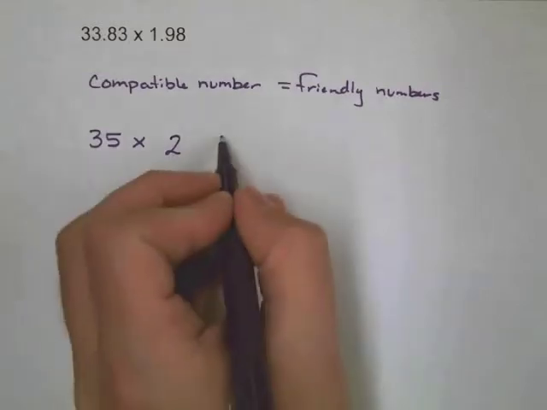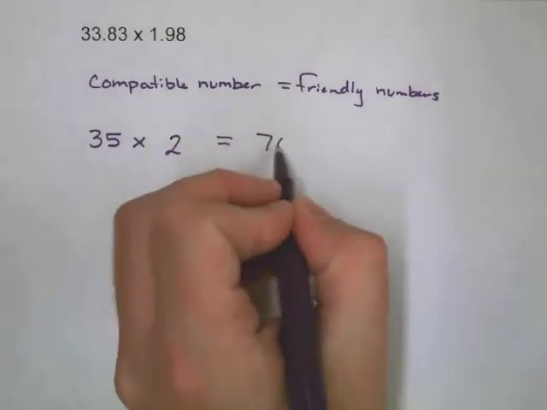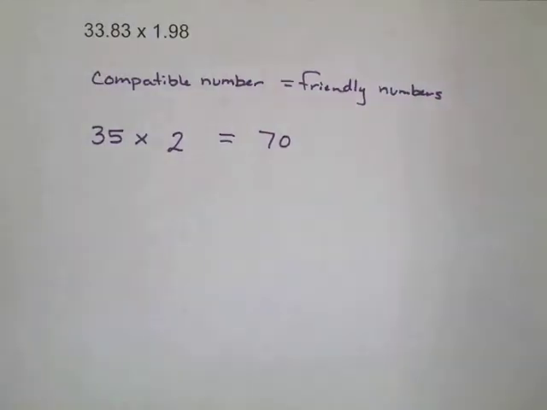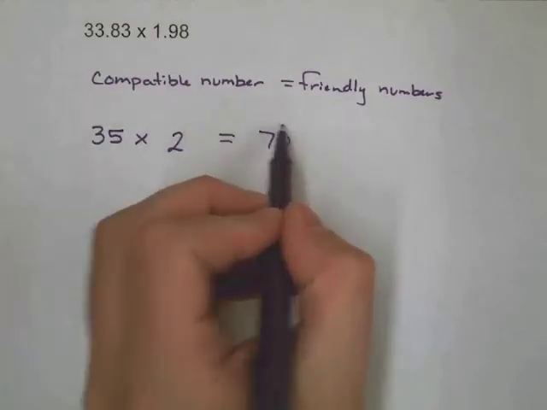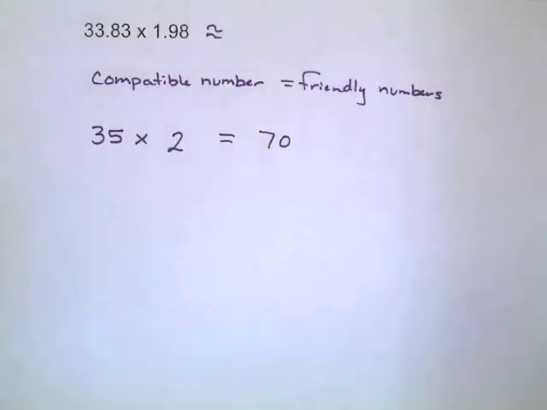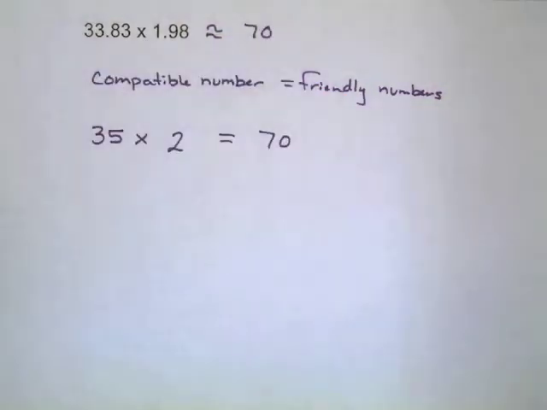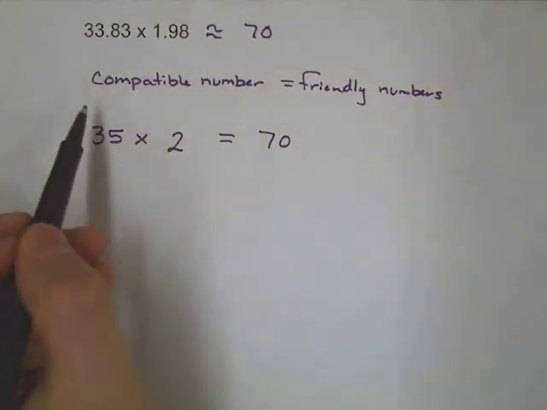And that, 35 times 2, I know is 70. I've worked with those numbers enough to know that that comes up. And so I could say that 33 and 83/100ths multiplied by 1 and 98/100ths is going to be about 70. About 70. Not exactly.